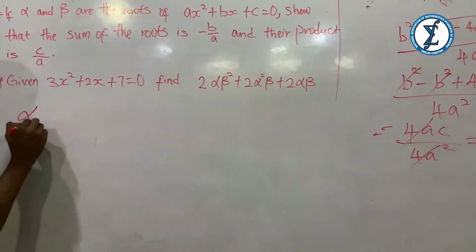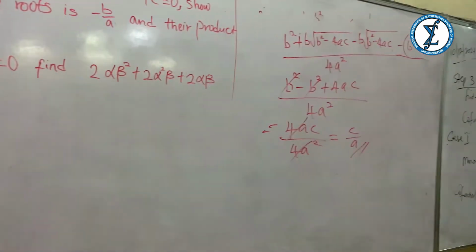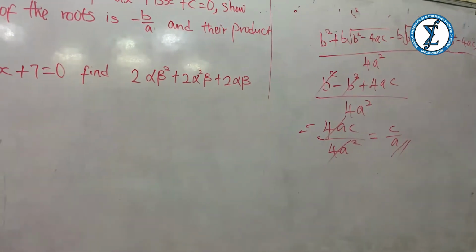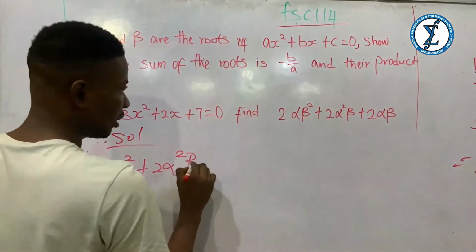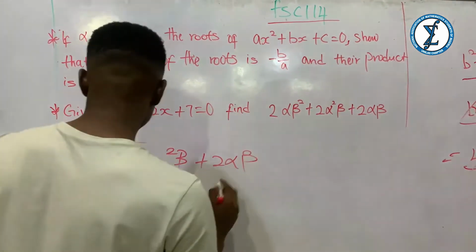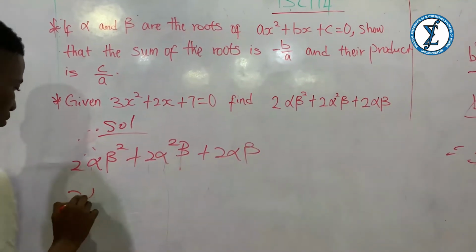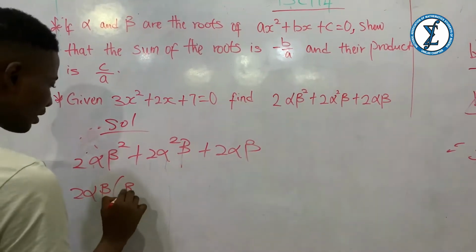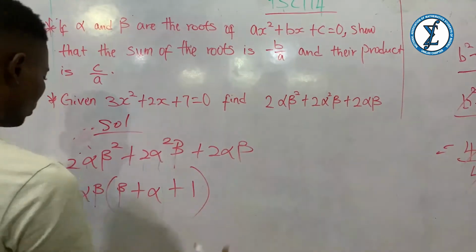So let's write this expression out quickly: 2 alpha beta squared plus 2 alpha squared beta plus 2 alpha beta. I can factor out 2 alpha beta. If I factor 2 alpha beta out, I'll have what? Beta plus alpha plus 1.